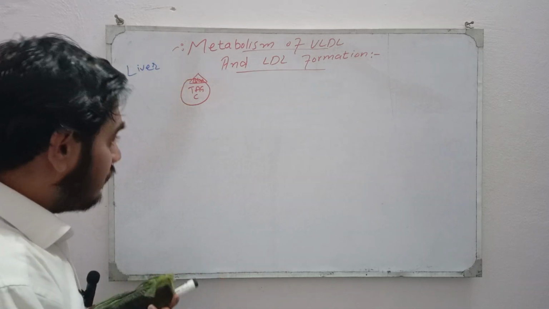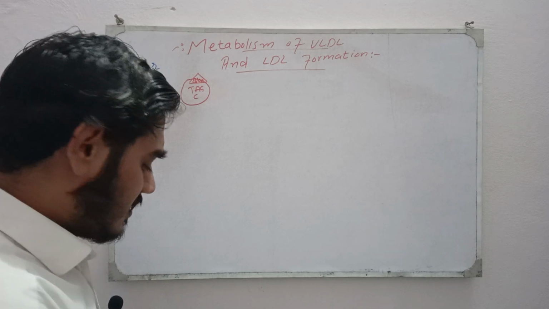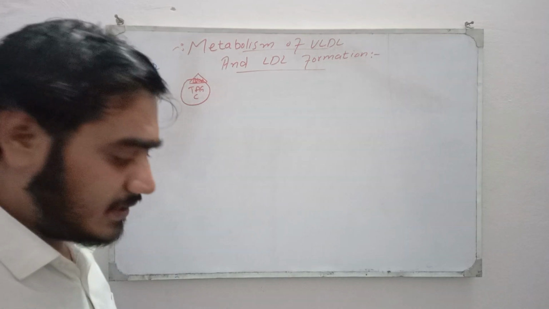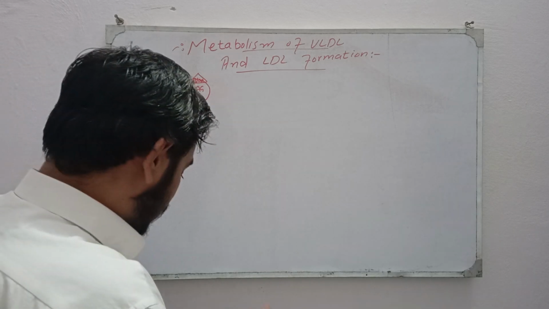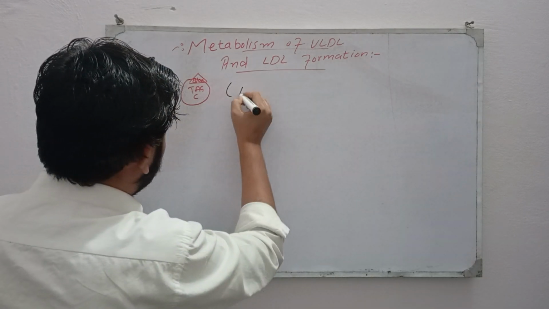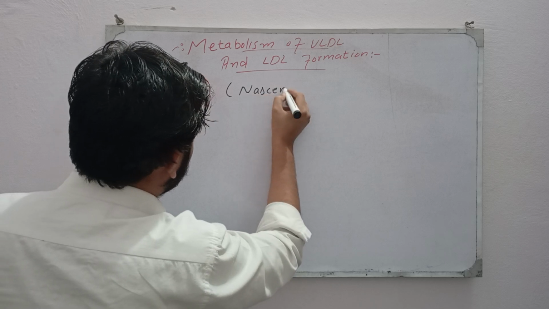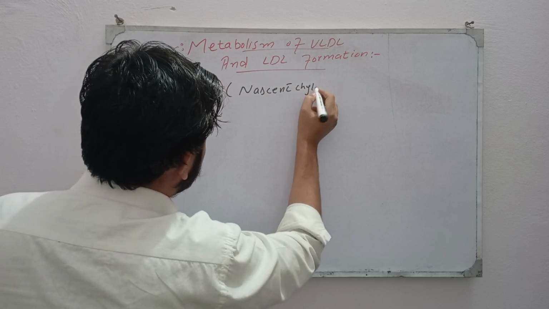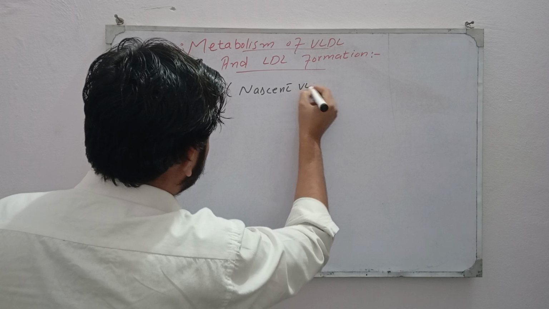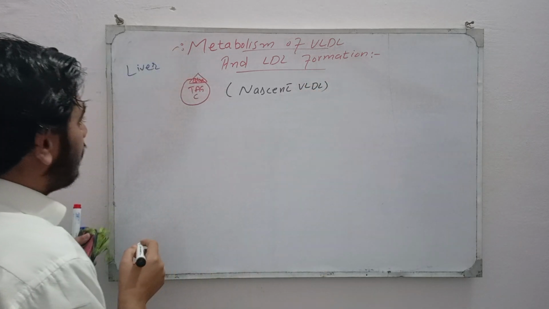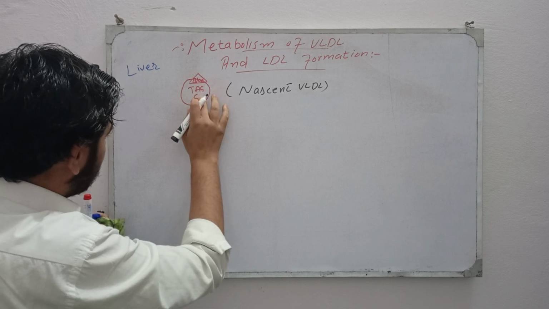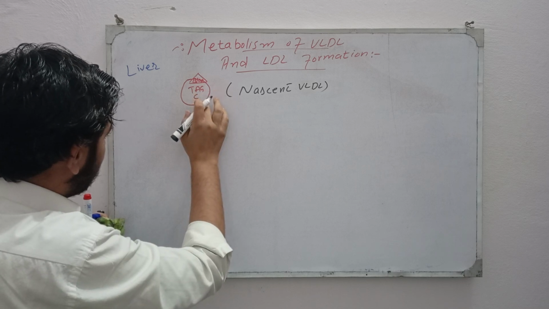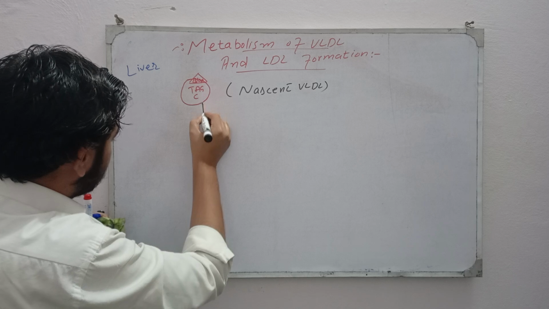And we are going to discuss the various steps for the metabolism of VLDL. In the next step, there is a synthesis of nascent VLDL. In the next step there is maturation.